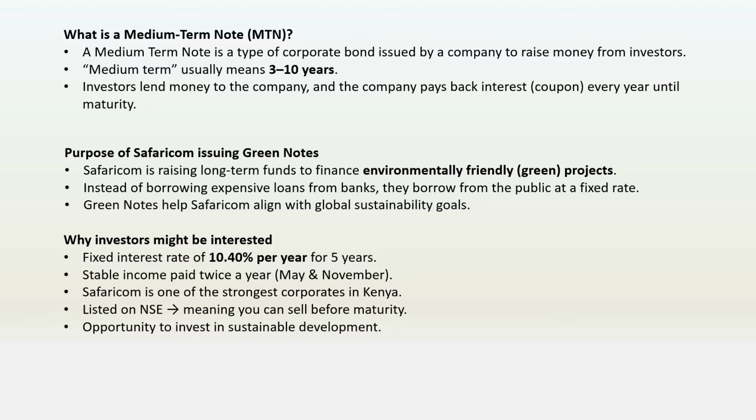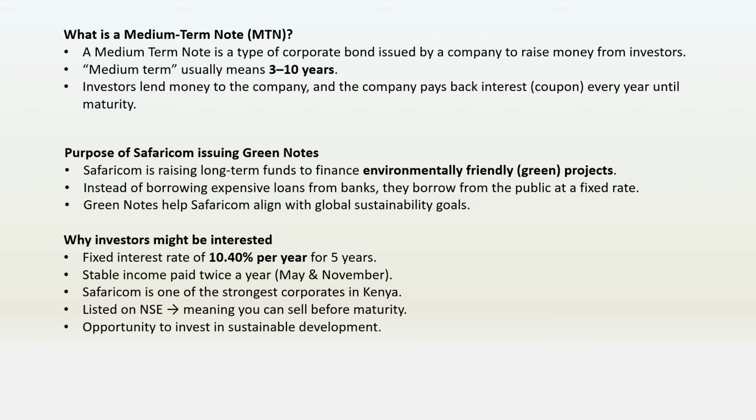So then, what is a medium-term note? A medium-term note is a type of corporate bond. We have seen corporate bond is where you loan money to the company. So it is a type of corporate bond issued by a company to raise money from the investors. So medium-term means it's usually 3 to 10 years, but for Safaricom it's 5 years.